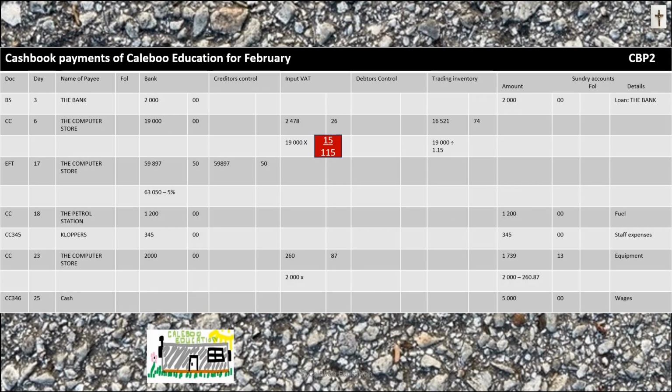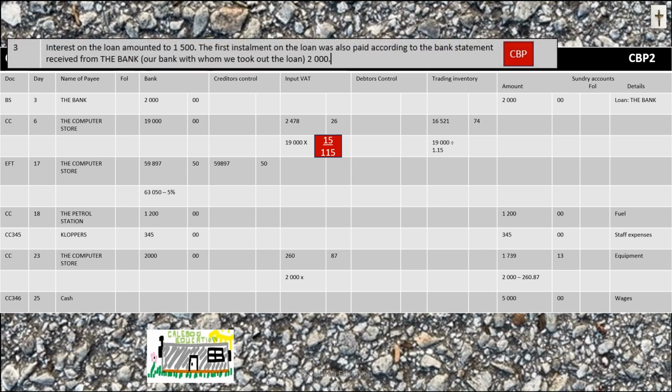We're ready to look at the transactions which go into the Cashbook payments. So let's have a look at the first transaction on the 3rd. It says here, interest on the loan amounted to 1,500. The first installment on the loan was also paid, and the first installment is 2,000.